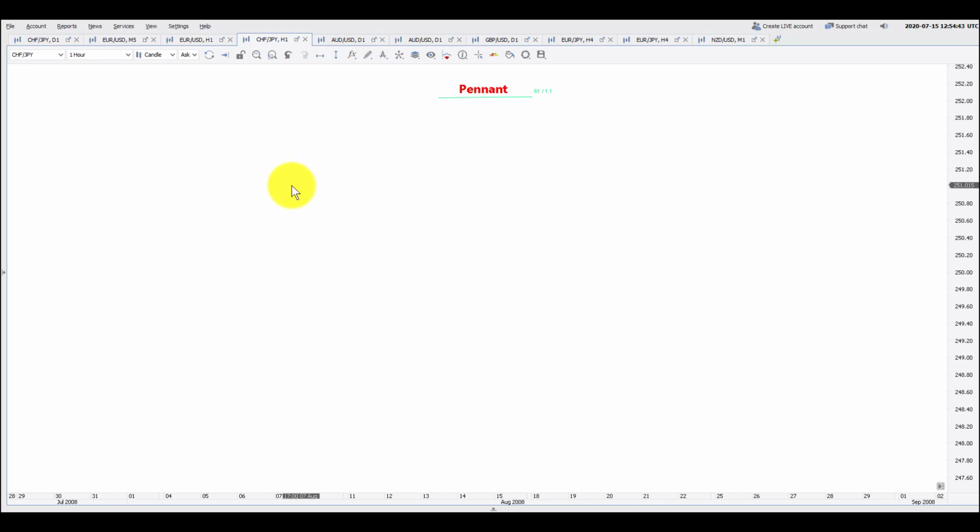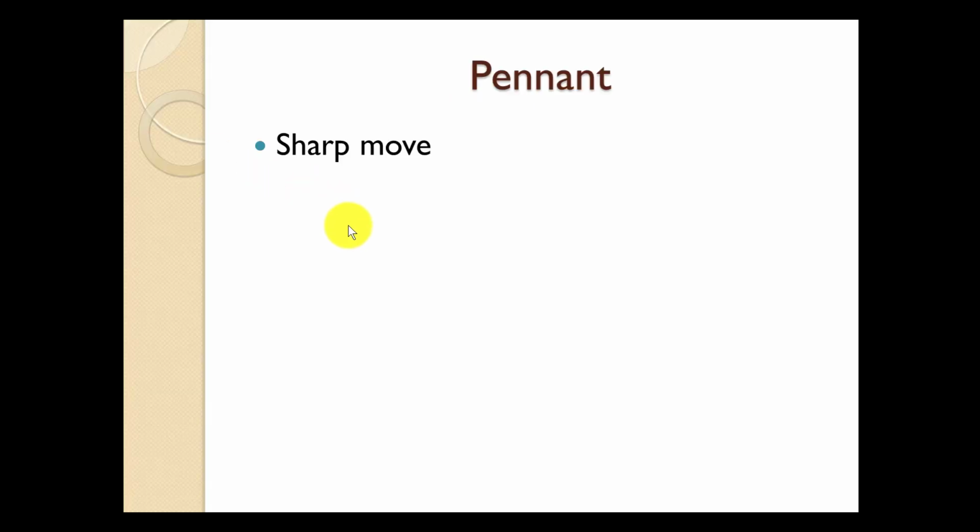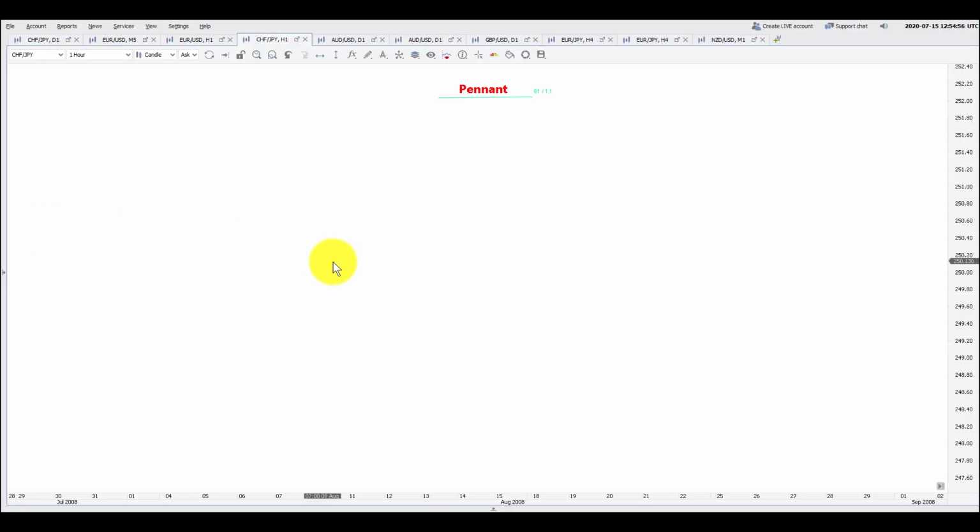So what are the essential ingredients that will make a pennant? First of all, we need a sharp up move. Just like in the case of flags, we needed a sharp move in the direction of the trend.